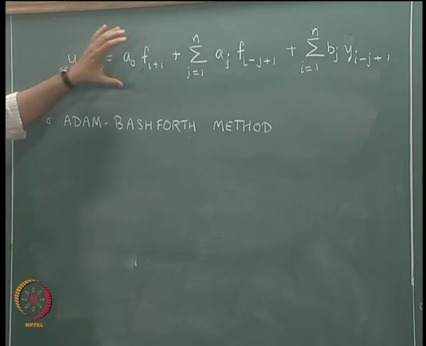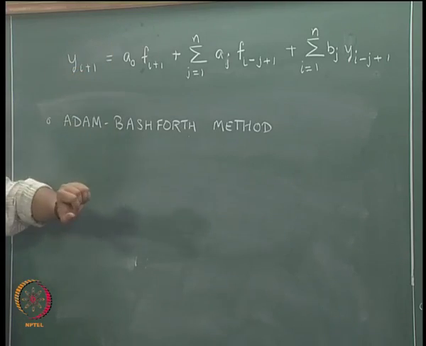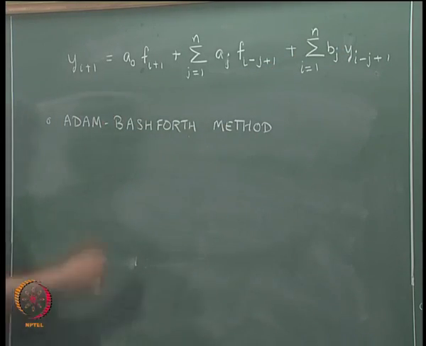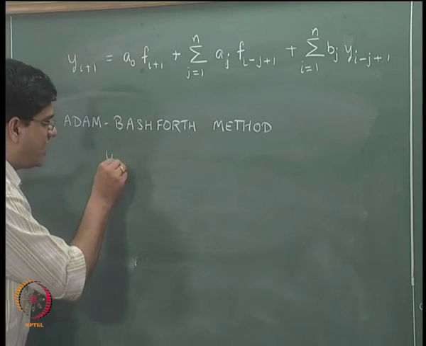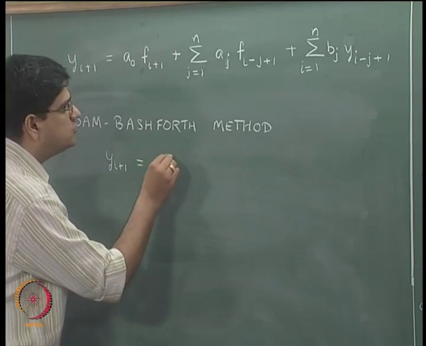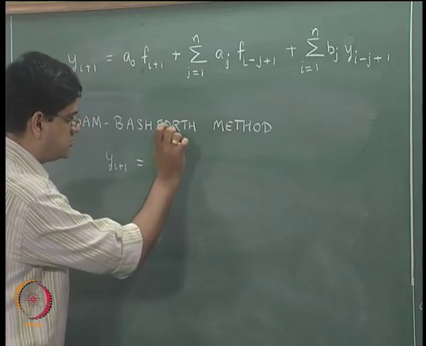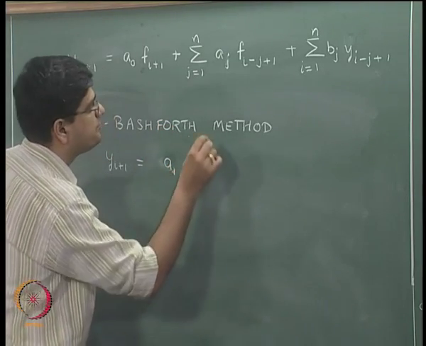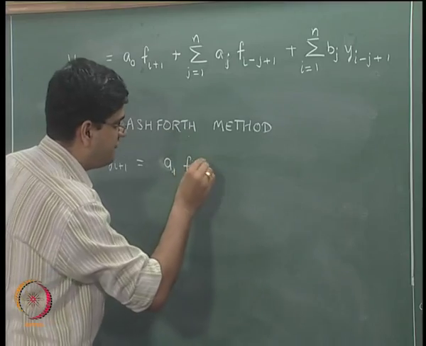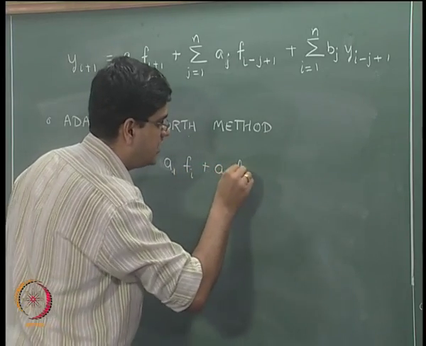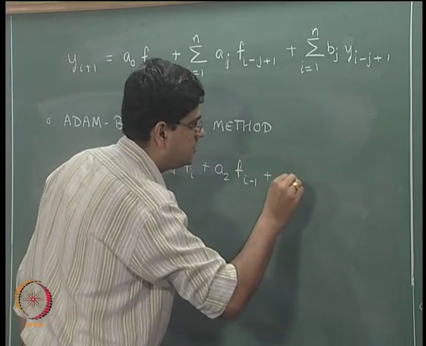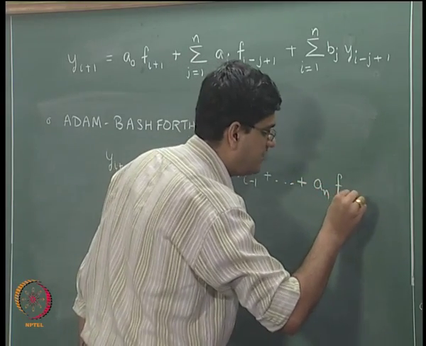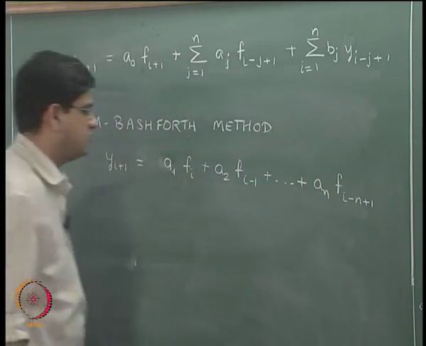So, this term disappears in an Adams-Bashforth method, this term also disappears, and we will get yi plus 1 equal to a1 fi plus a2 fi minus 1 plus so on up to an fi minus n plus 1.